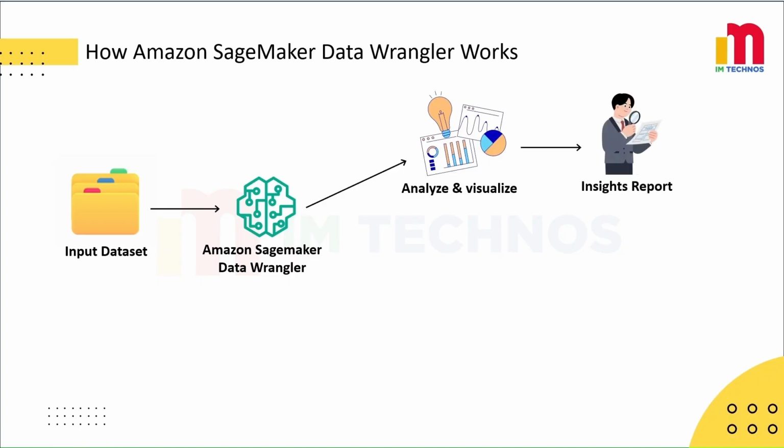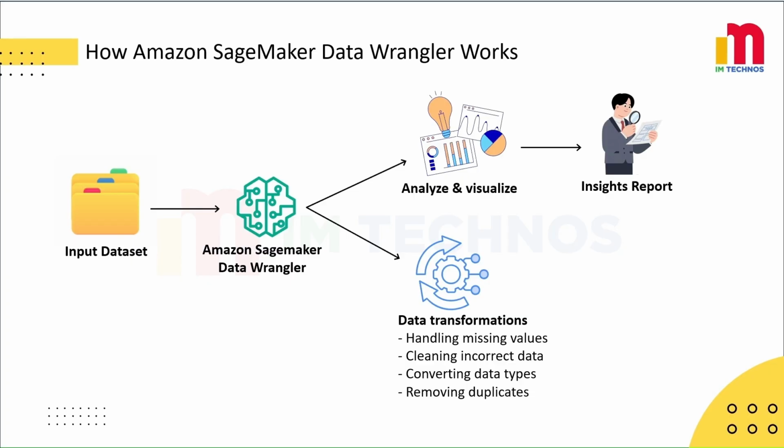After that, you can apply different transformations such as handling missing values, cleaning incorrect data, converting data types, and removing duplicates. Finally, once all the transformations are completed, you can export the processed dataset to Amazon S3 and use it for machine learning training jobs in SageMaker. And that's how Amazon SageMaker Data Wrangler helps simplify the entire data preparation process.